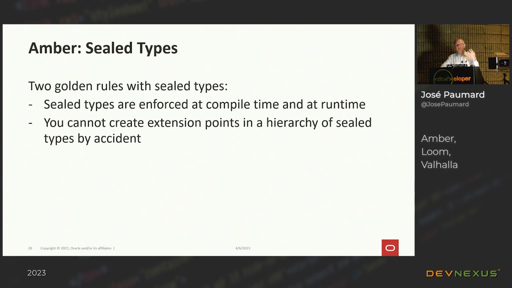You have to do that explicitly. You cannot put a regular class without specific declaration in the hierarchy of a sealed type. If you want this class to be extensible, then you need to declare it explicitly. So there's no accidental extension point in a sealed hierarchy.